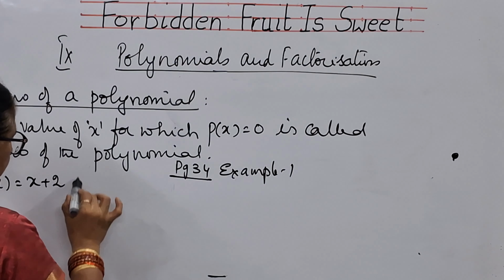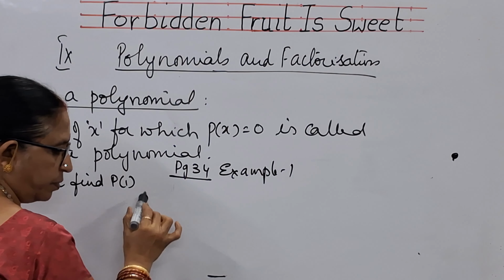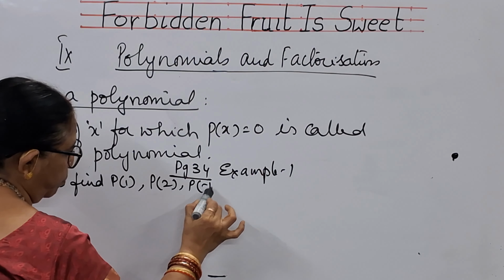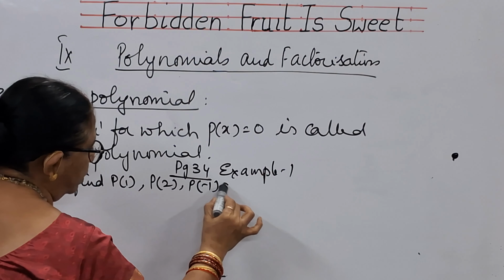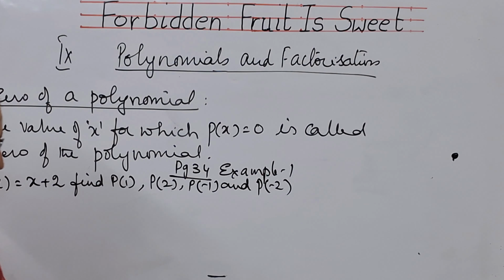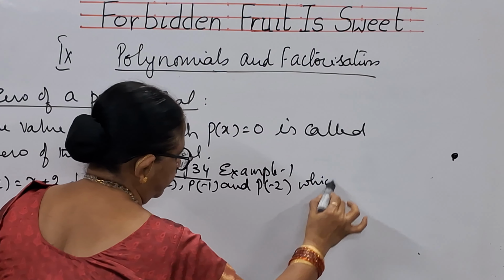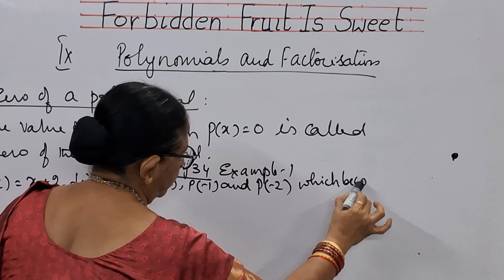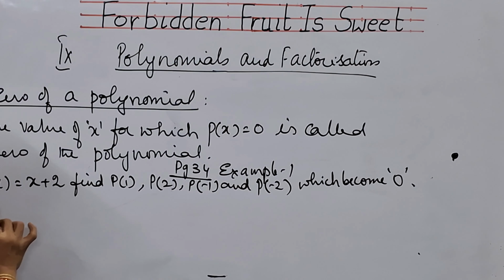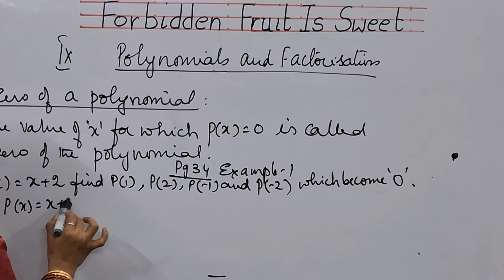Then you have to find p of 1, p of 2, p of minus 1 and p of minus 2, which become 0, zero of the polynomial. So let us take first. P of x is x plus 2.